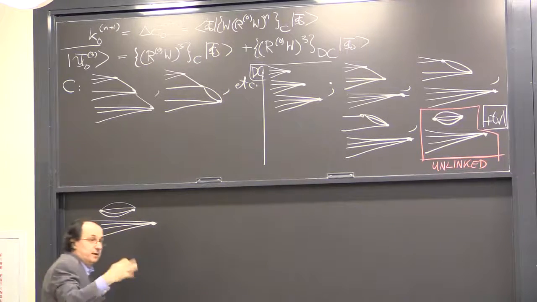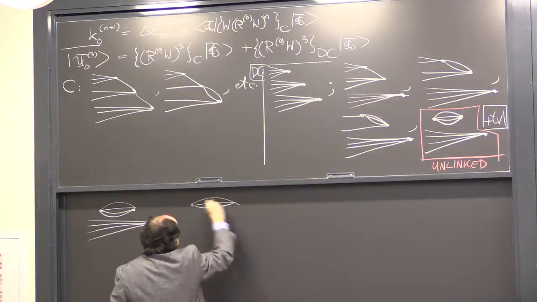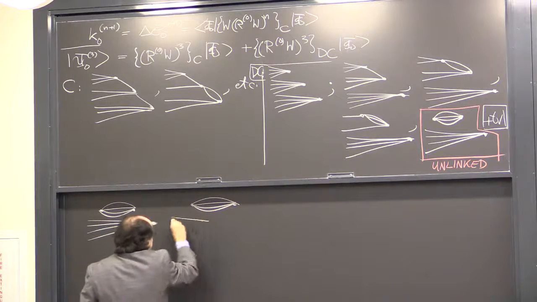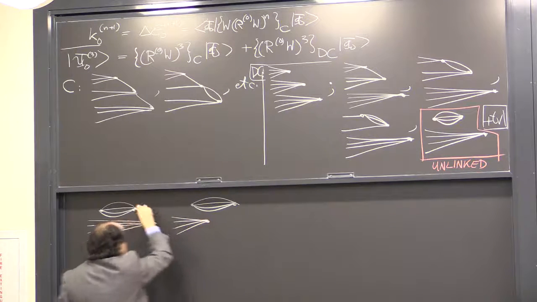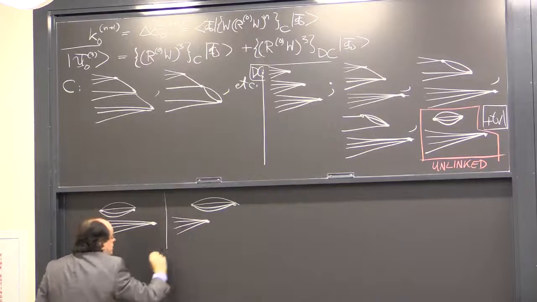And then we have also its companion, which is simply a time version of it, obtained by moving this vertex behind the bottom vertex. Okay? So we have these two.